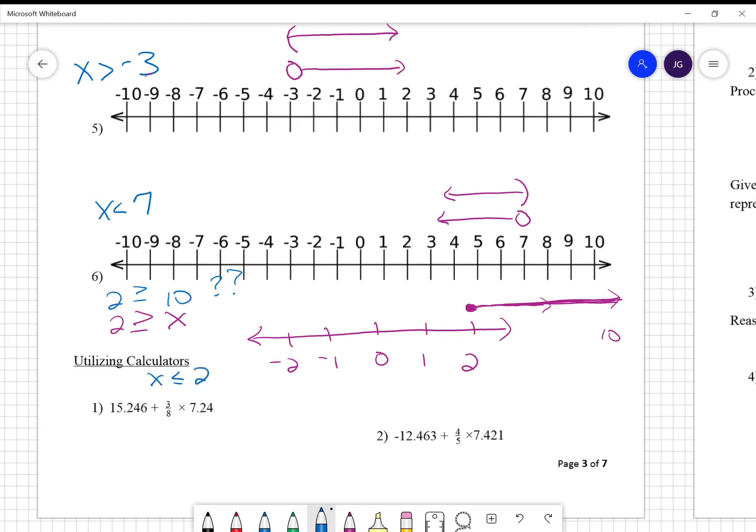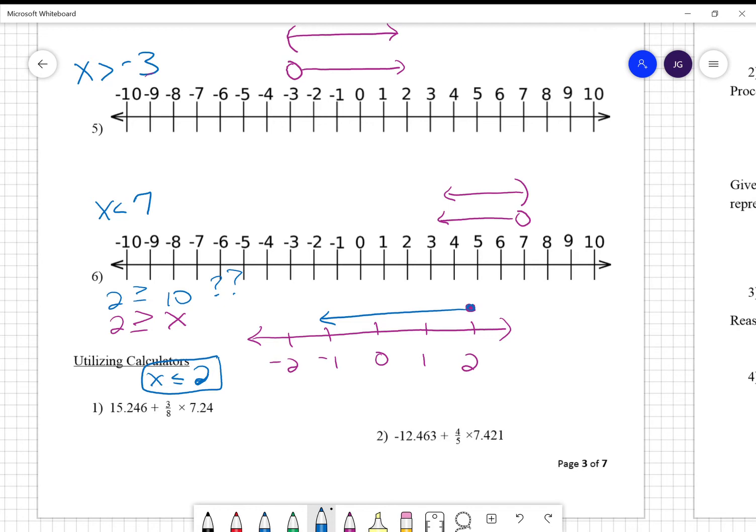My closed circle is correct, but it would be going in this direction. That is one reason why when you did equations, you might have been taught to always put x on the left. It's easier to graph when you have an inequality instead of an equation.